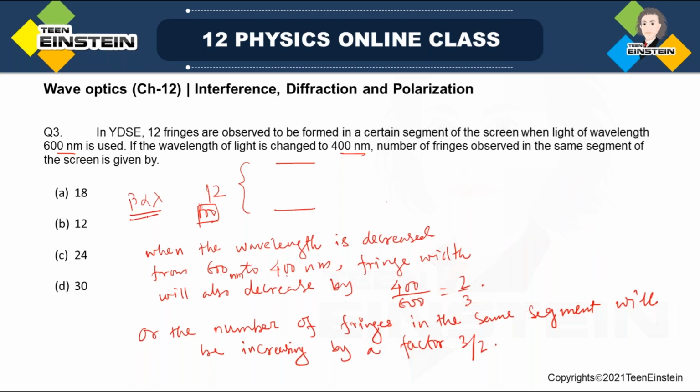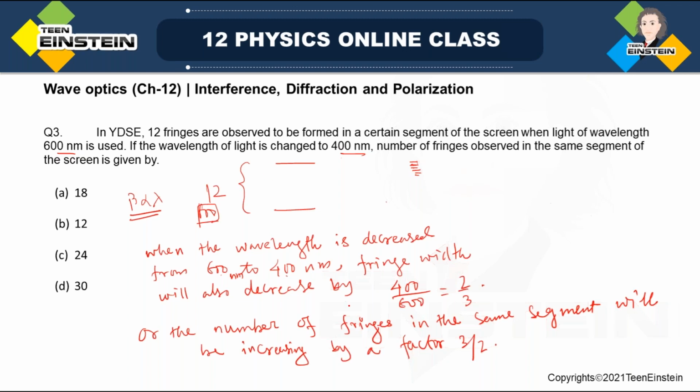So you look here, if the wavelength decreases, then the fringe width decreases. If the fringe width decreases, that means the separation between successive bright or dark fringes is decreasing. That means they will accommodate more fringes within this region.